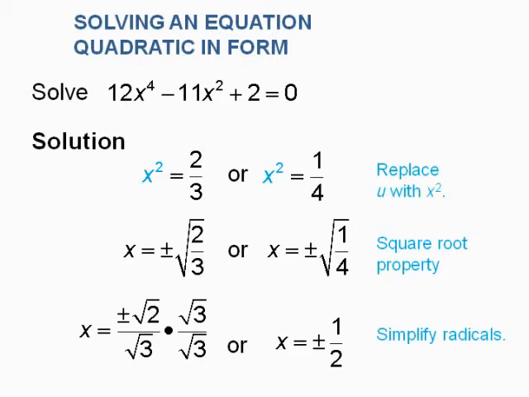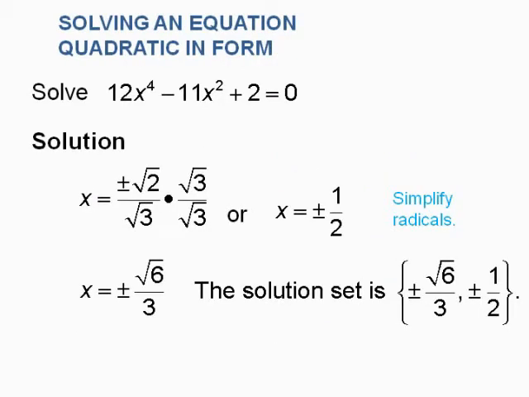They don't like radicals in the denominator, so they go multiplying both top and bottom by the square root of 3 here. Now this one comes out nice because the square root of 1/4 is 1/2. And you get your two answers, plus or minus the square root of 6 over 3, plus or minus 1/2.